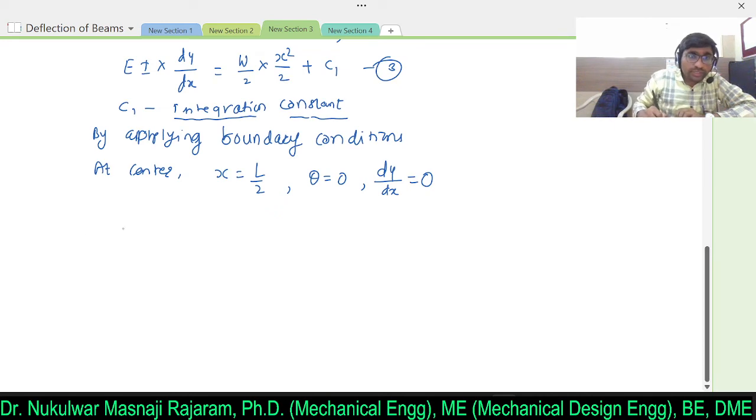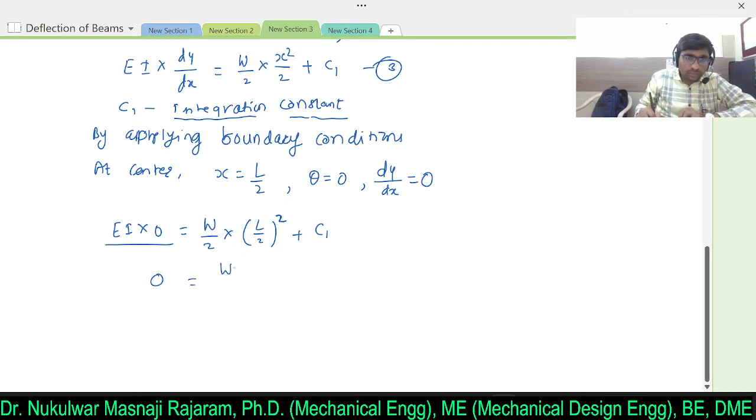Okay, so here EI into 0 equal to w by 2 into (L by 2) whole square plus C1. So anything multiplied by 0, it will be 0. So 0 equal to wL square, 2 square is 4, 4 into 2, 8.